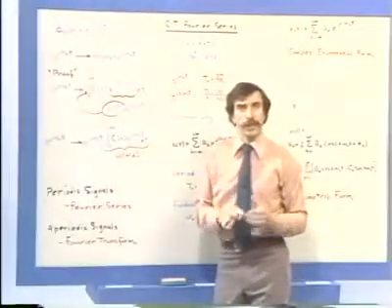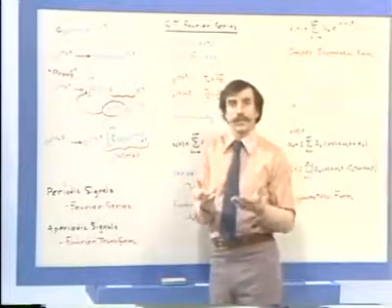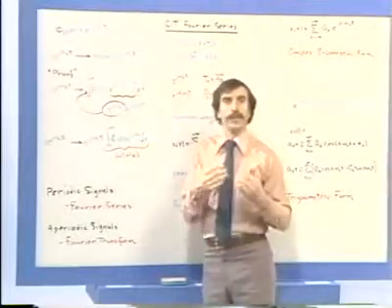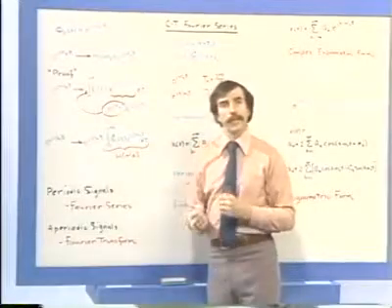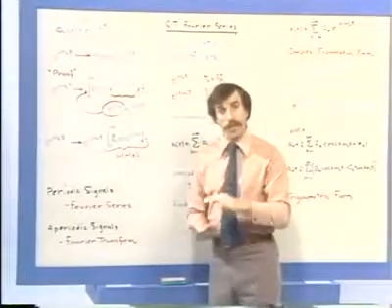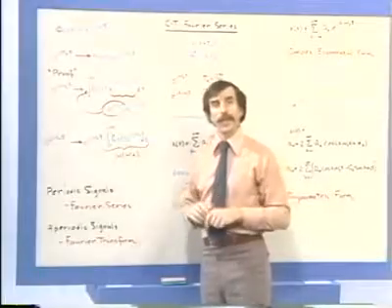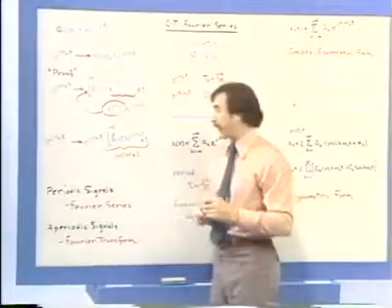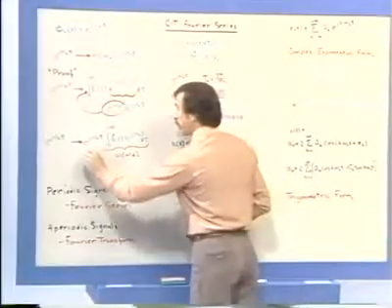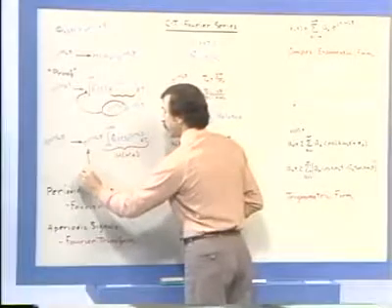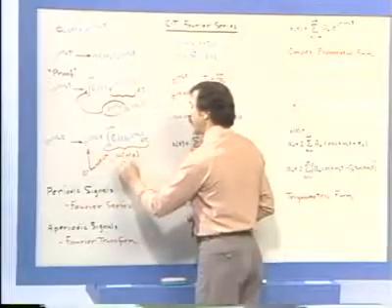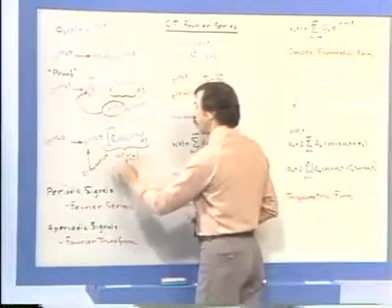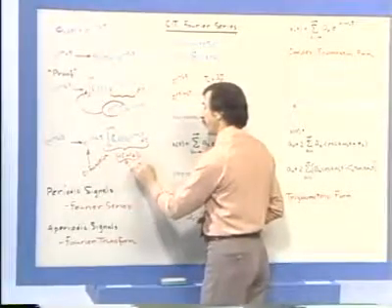Eigenfunction meaning that an eigenfunction of a system or a mathematical expression is a function which, when you put it through the system, comes out looking exactly the same except for its change in amplitude, that change in amplitude being the eigenvalue. So, in fact, this function is the eigenfunction, and this value is the eigenvalue.